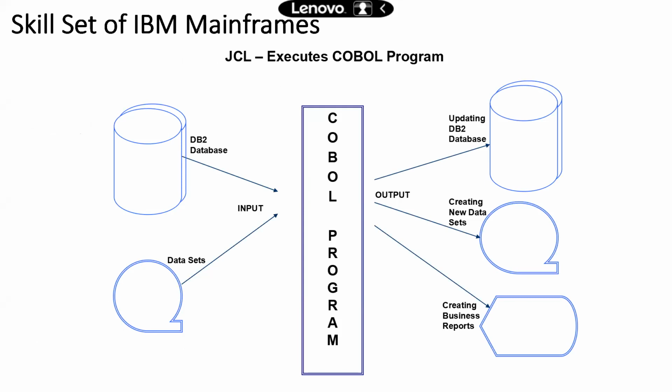We use COBOL programs to code the business logic. Whatever we say in business terms, in words, those words are also programmable. We implement those words in a program. Conditions, for example: I want to give hikes to the employees who worked without taking leave.